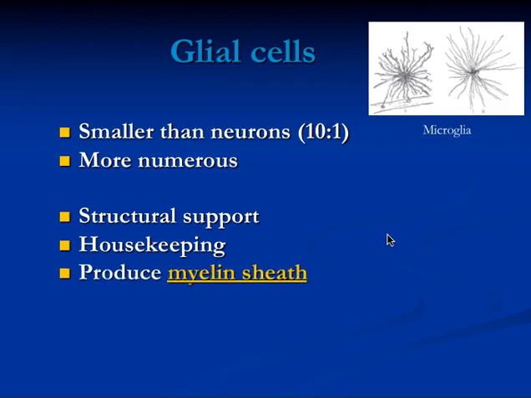And one of the other things that they do, and this is why I introduced this to you, is that they produce myelin sheath. And we talked about myelin sheath previously in another video, where the myelin is the fatty substance that coats the axons of neurons. And its job is to help the neurons send messages more quickly.